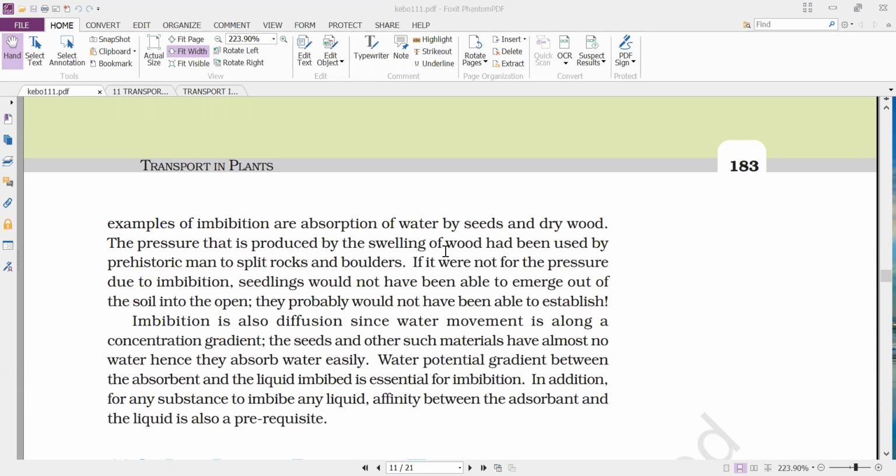When you observe how seed germination occurs, we all know very well the seeds appear dry, but they also contain certain moisture.